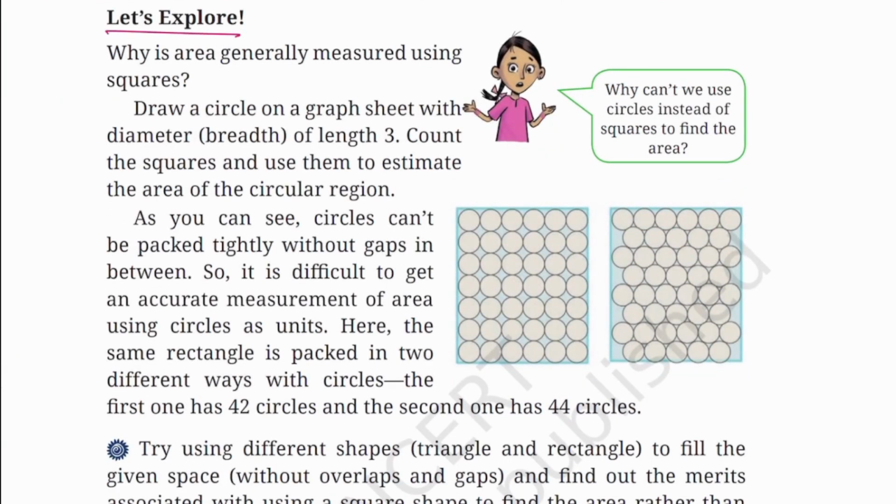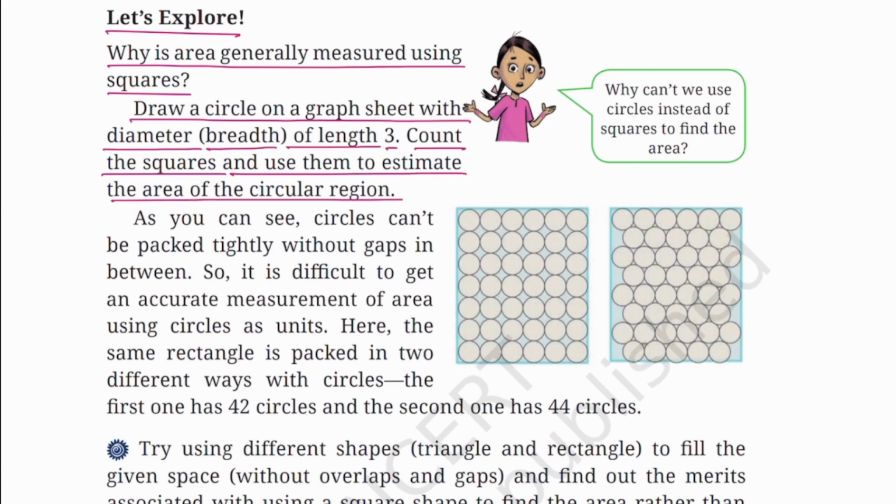Let's explore why is the area generally measured using squares. Draw a circle on a graph sheet with diameter width of length 3. Count the squares and use them to estimate the area of the circular region. This girl says, why can't we use circles instead of squares to find the area?